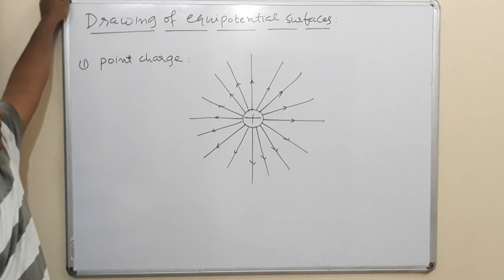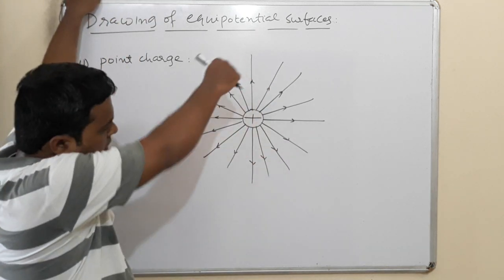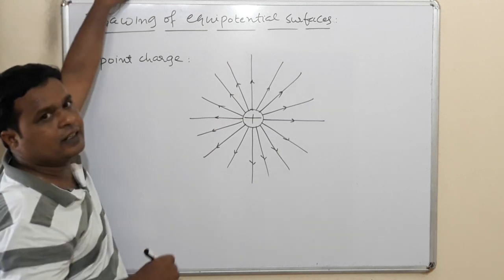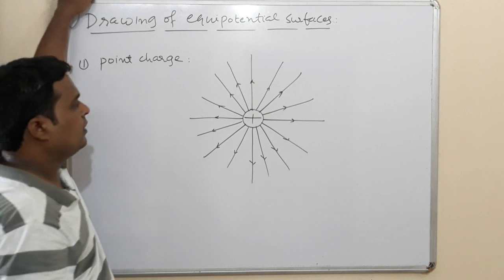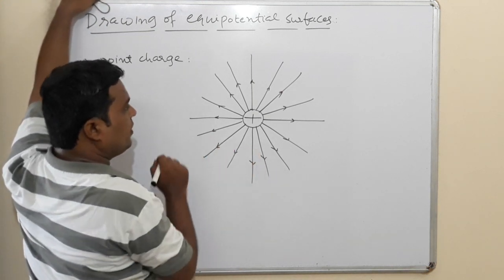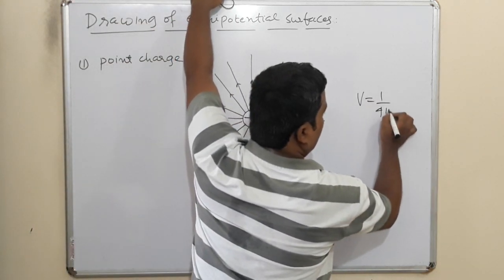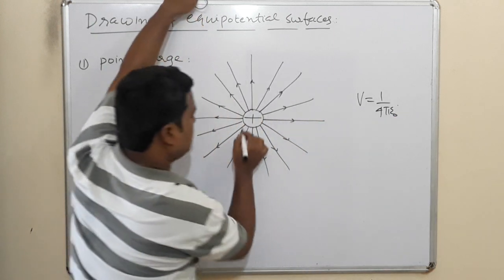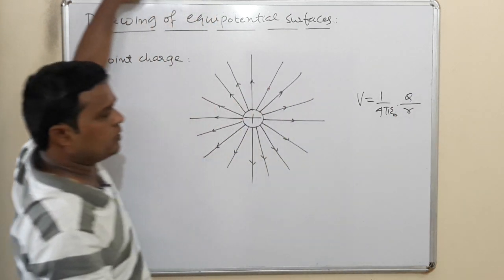These are the electric field lines going away from the positive charge. Then if I want to draw the equipotential surface for this, what will I do? See, what is V? If this charge is Q, then V is nothing but 1 by 4 pi epsilon naught Q by R.